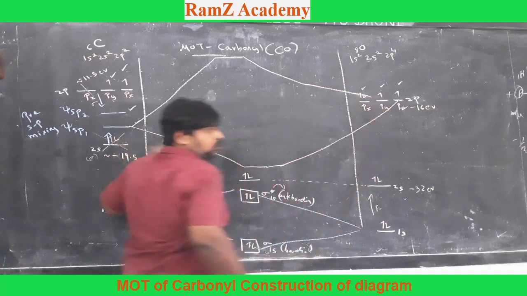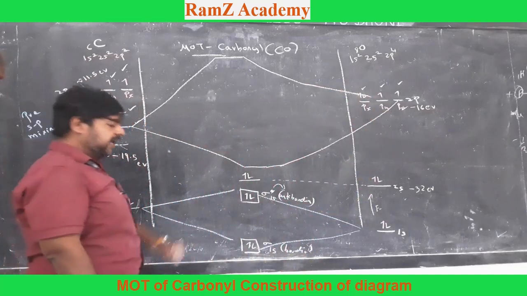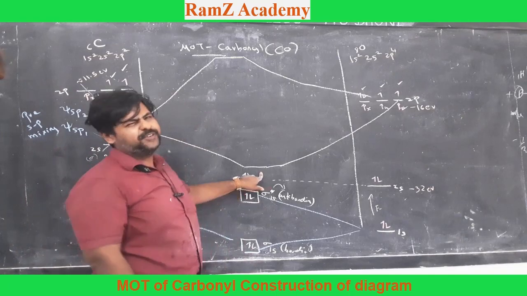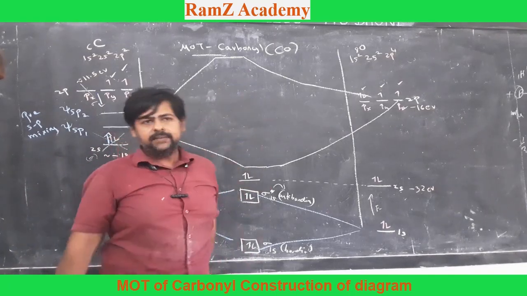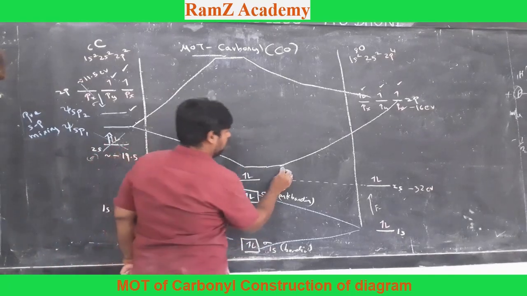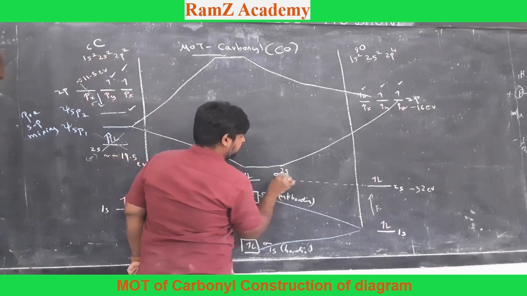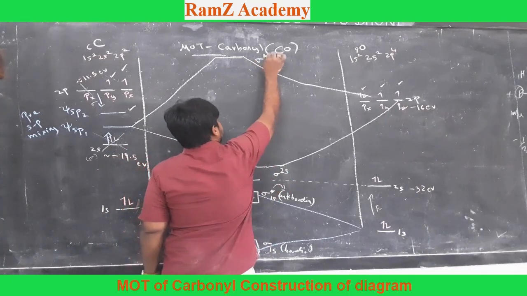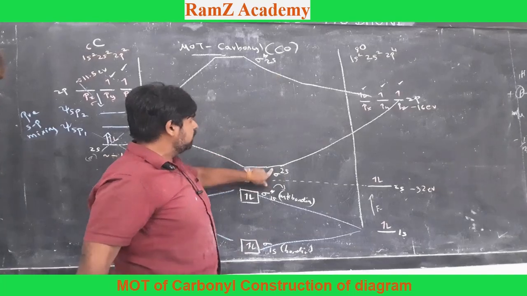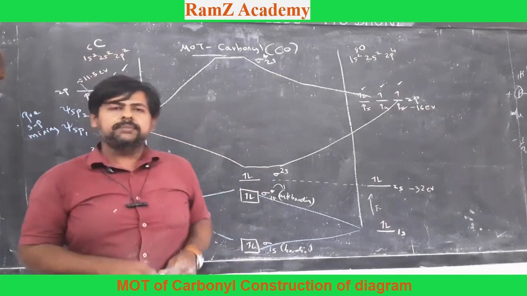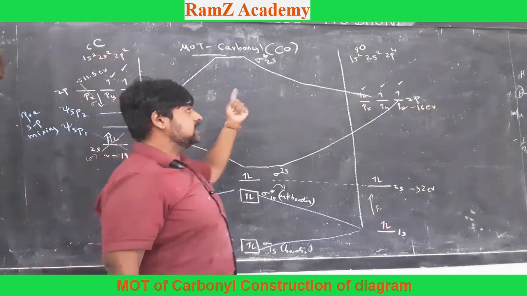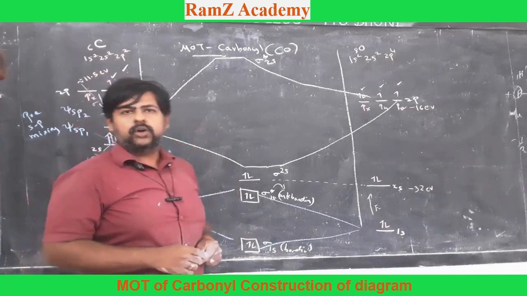So you have two molecular orbitals now: one made by positive interference and the other by destructive interference. This I would call sigma 2s, and this is going to be sigma star 2s. And all of you know that the star indicates an anti-bonding character.